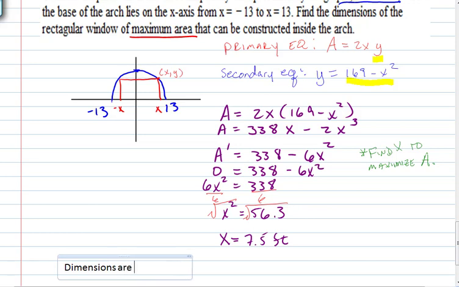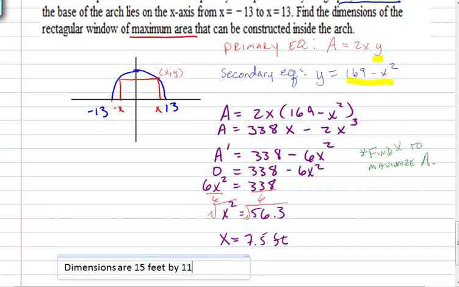Two x, which is what, 15? By y is going to be, plug in the 7.5 for x. What's 169 minus, I think it's 113 roughly.